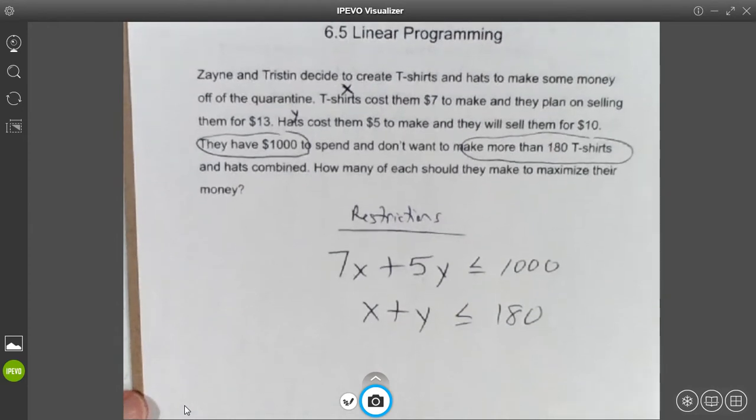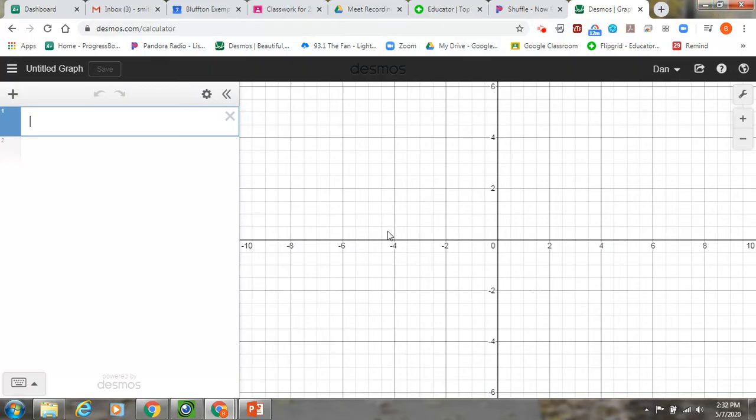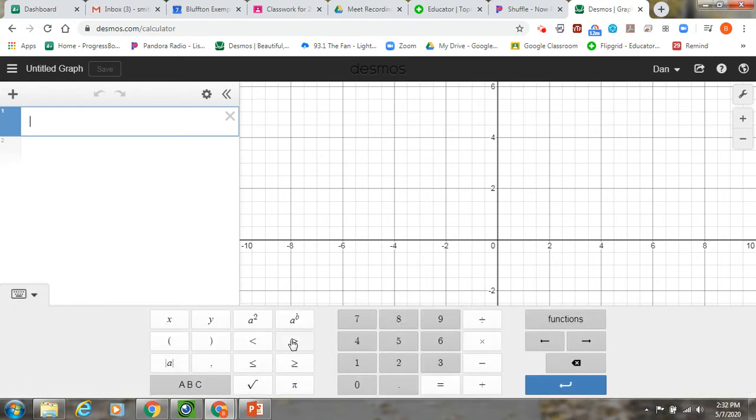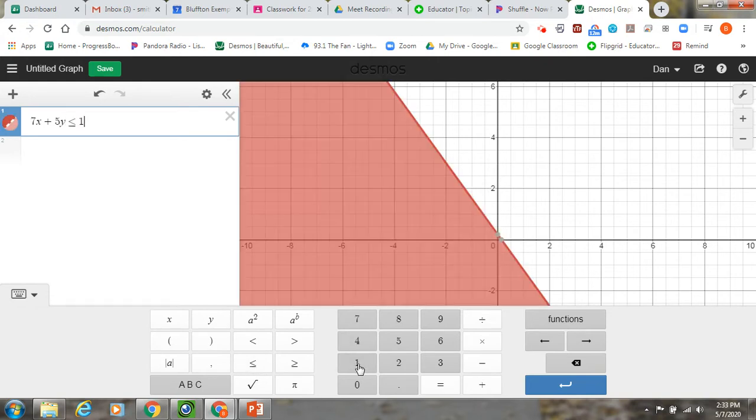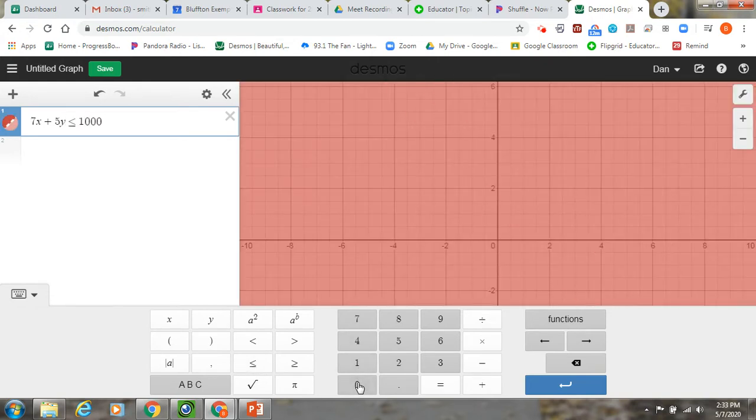So they've got these two restrictions. It's a system of linear inequalities. So we're going to go to Desmos, and I want to look at what this looks like. I can pull up this little keypad here, and I'm going to type in that first restriction we had: 7x plus 5y less than or equal to 1,000.